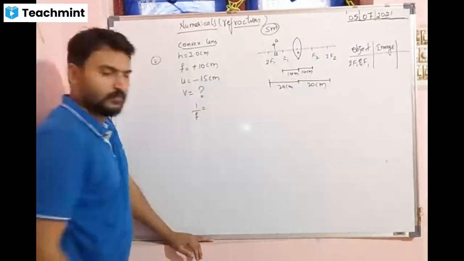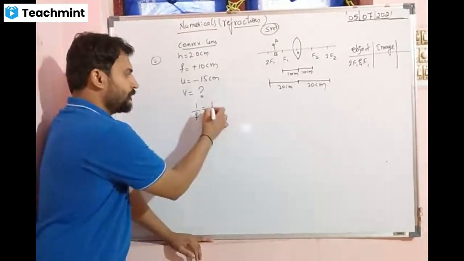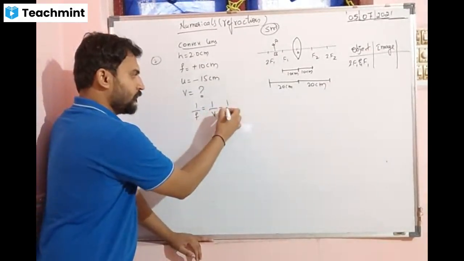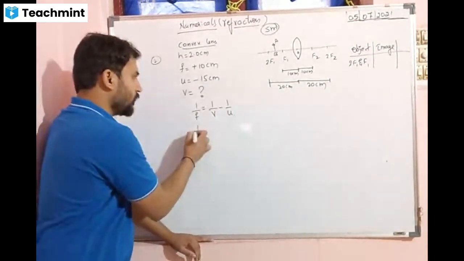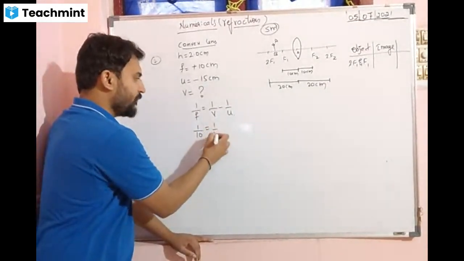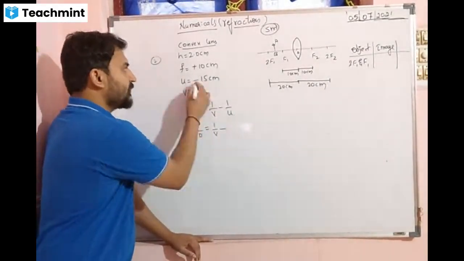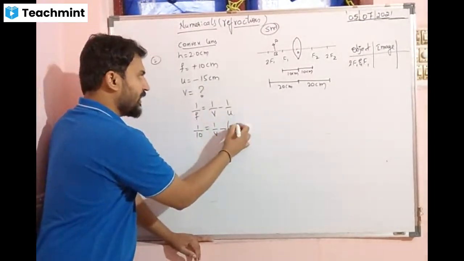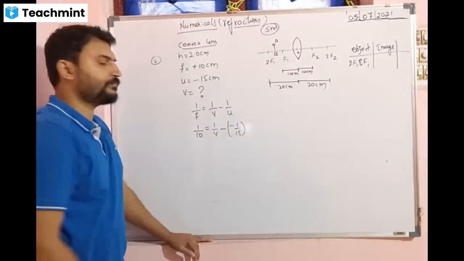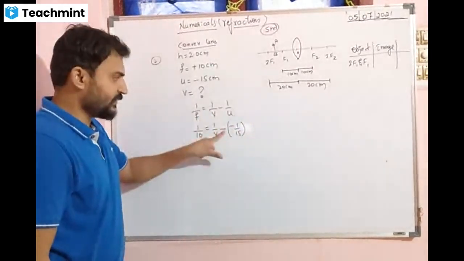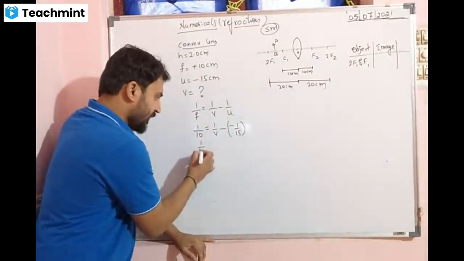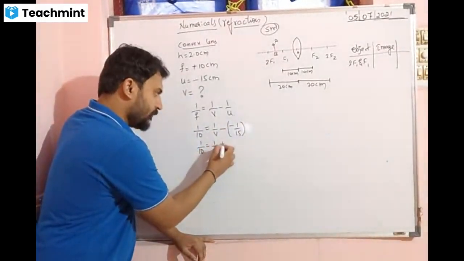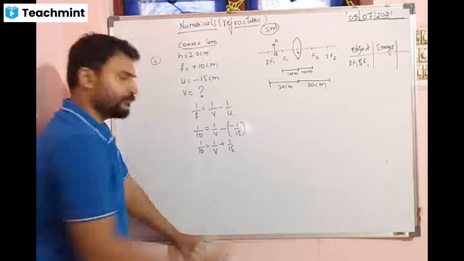Formula: 1 by F equals 1 by V minus 1 by U. Let us substitute the values. 1 by 10 is equal to 1 by V minus into minus 1 by 15. This minus is here. So 1 by 10 is equal to 1 by V plus 1 by 15.